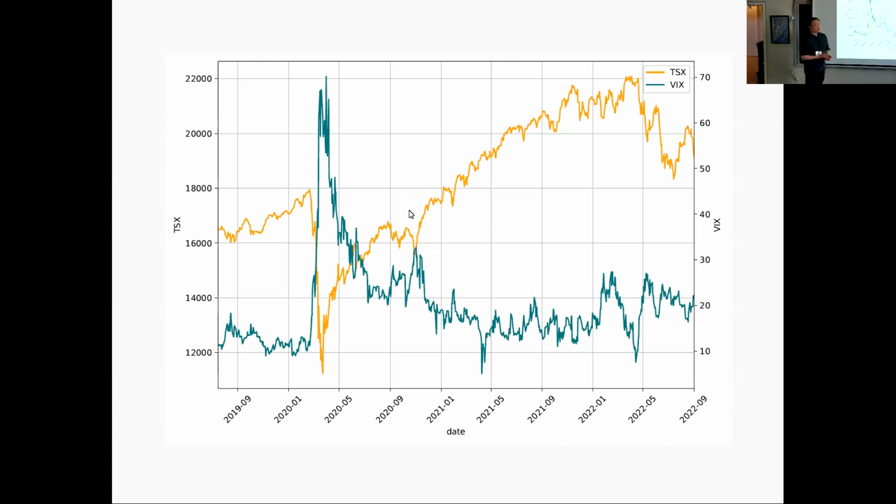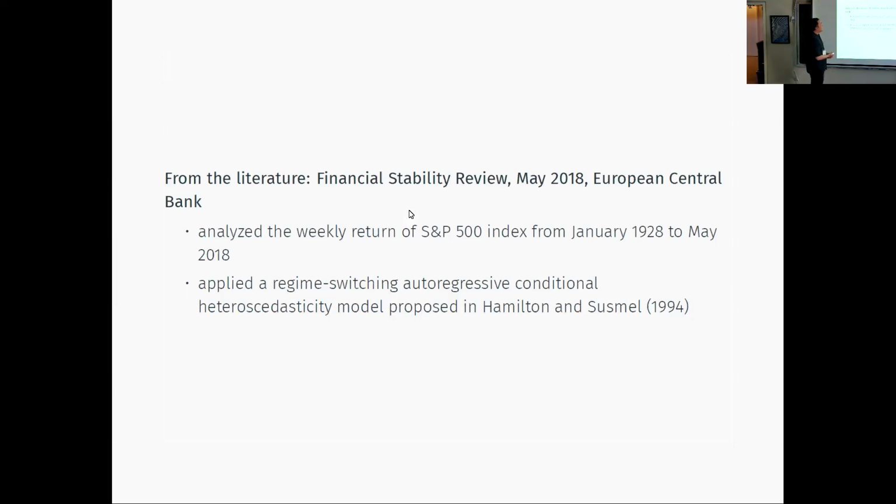So a natural choice is a hidden Markov model. A hidden Markov model uses a Markov chain to describe market conditions, and conditional on each market, we know how the security evolves. In the literature, there are already some studies using hidden Markov model on financial markets.